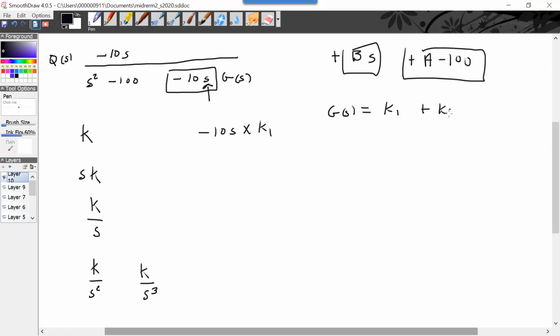Because K2 divided by S, the K2 can be negative to turn that positive. The S's cancel out. But you can try one like, well, what if I added S plus K3? Well, I get minus 10 S squared K3.